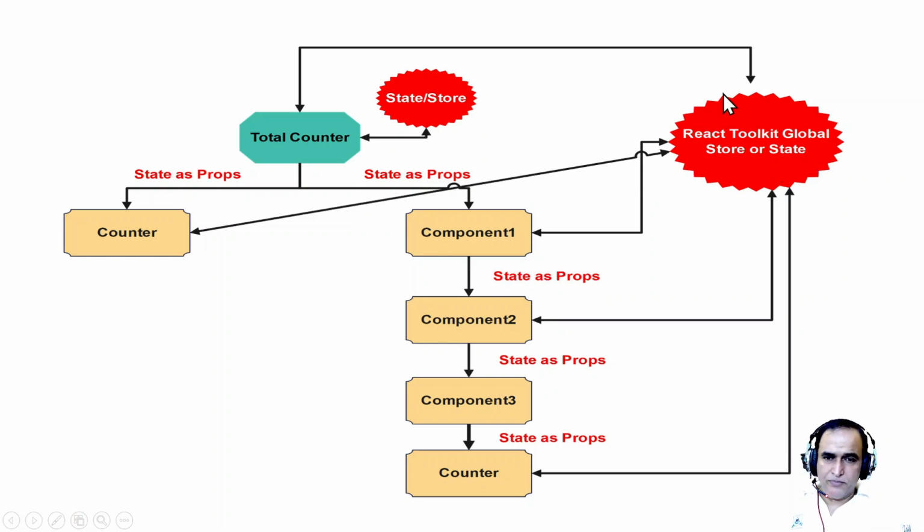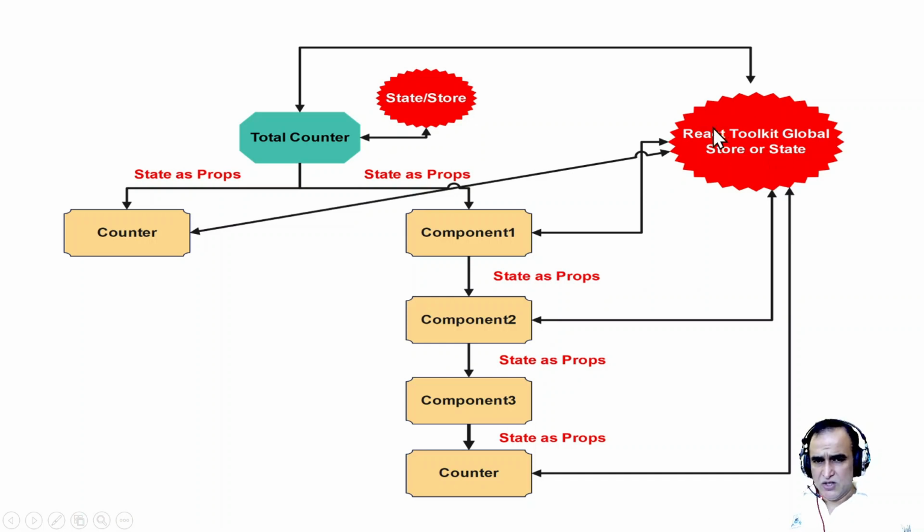In this example, you see that total counter can access this, counter is also able to access this, component 1 can access, component 2 can access, component 3 can access, and the counter component can access. It means each and every component in your application has direct access to this React toolkit global store.